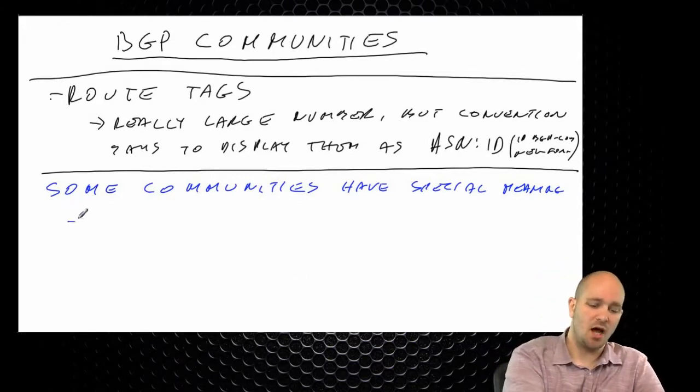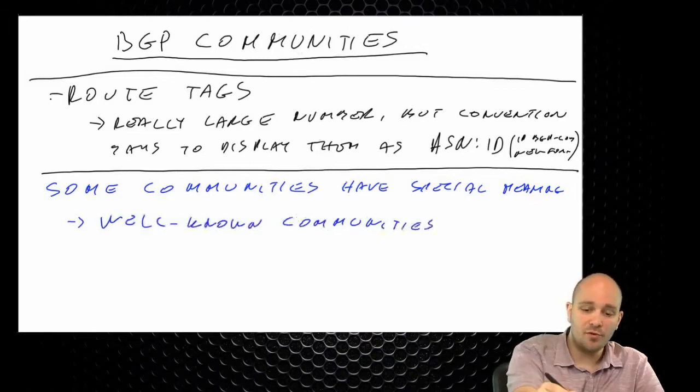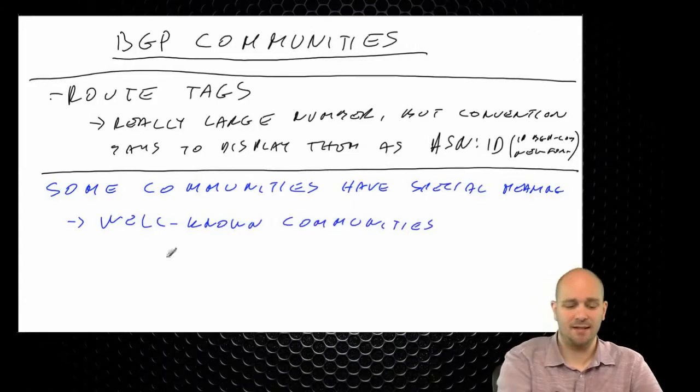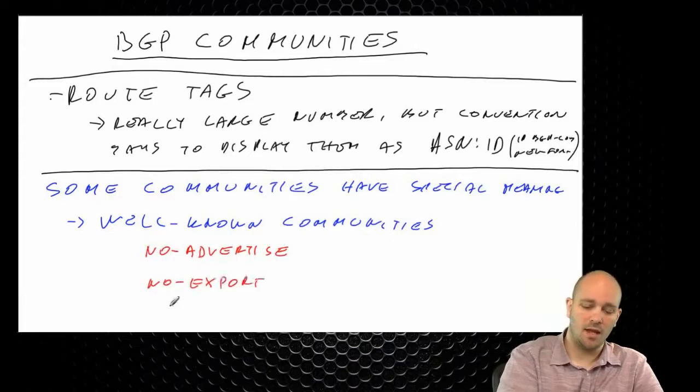These communities are referred to by the common name of well-known communities. There are many well-known communities, but three are of particular interest for you as a CCIE candidate. These are no-advertise, no-export, and local-AS.